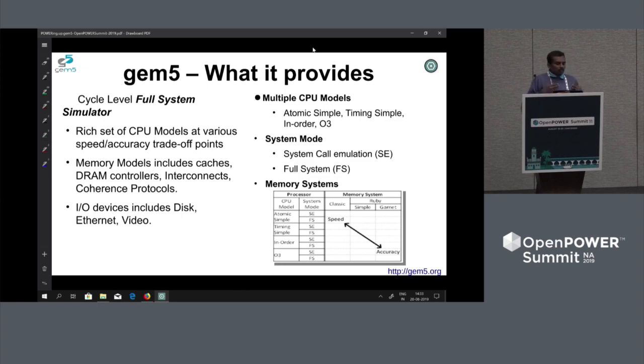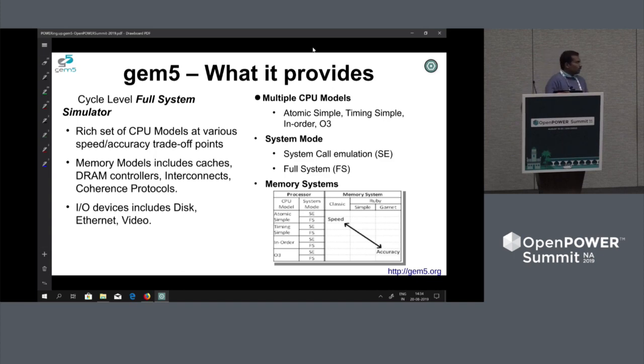There are also memory models for all the levels of the hierarchy, for SRAMs and DRAMs, and very recently even NVMs. The memory hierarchy also includes modeling of some of the consistency and coherence protocols. There is also a set of I/O models for byte based, block based, and network I/O and so on.